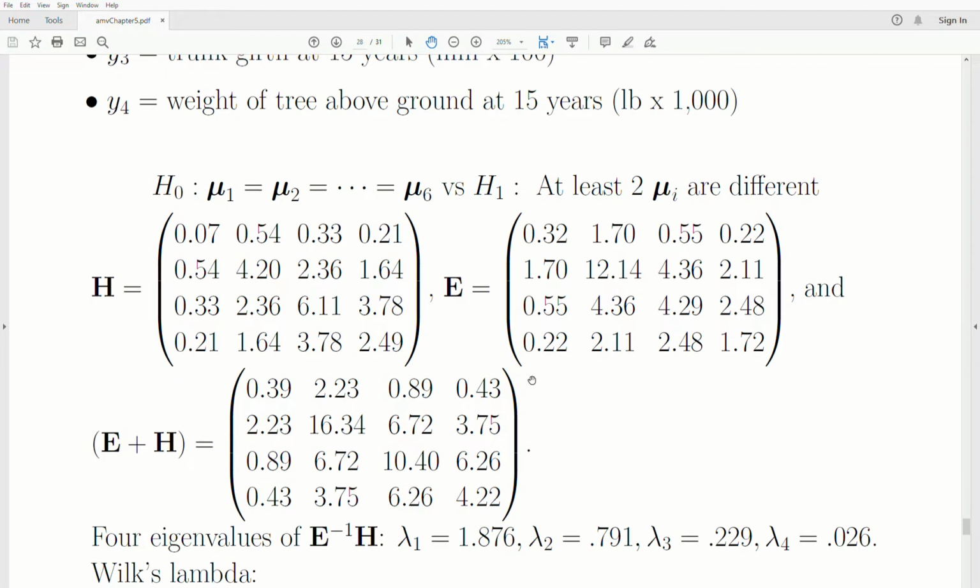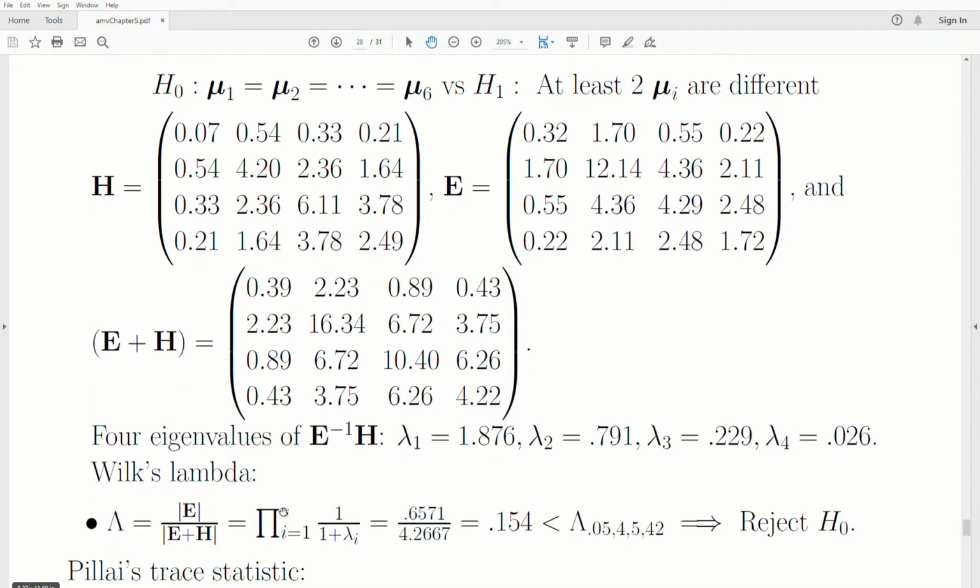And from previous videos, we calculated H, which is a hypothesis matrix, which is essentially the between covariance between the different populations. E is the error matrix, that's sort of the within covariance structure. And then E plus H is something that we'll need in one of the test statistics. The 4 eigenvalues of the inverse of E times H are these 4 eigenvalues, which it turns out are the only 4 values that we need for the 4 different tests.